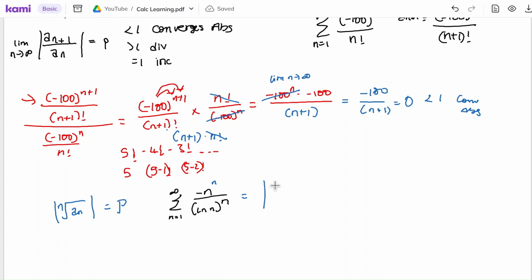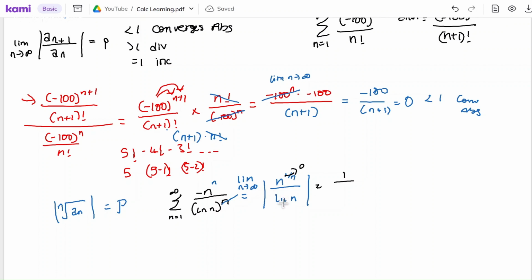it becomes the absolute value of, so you get rid of the negative since it's the absolute value, and it's just n to the 1 over n over ln of n to the n. Obviously the n goes away because you're taking the nth root. Then you take the limit as n approaches infinity of this, and 1 over n goes to 0, so the top part goes to 1, because anything to the 0 power is 1.